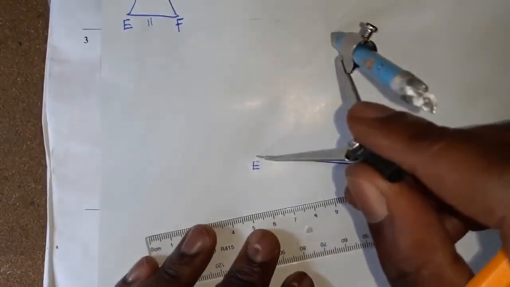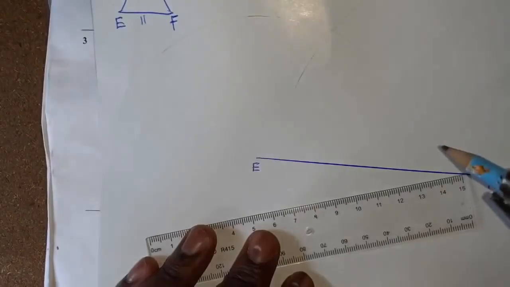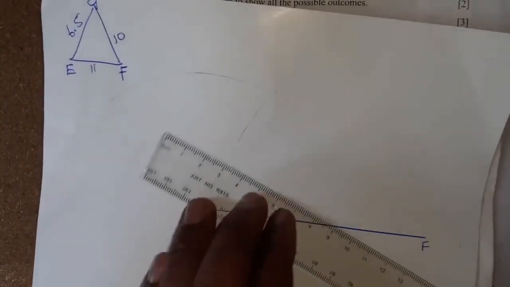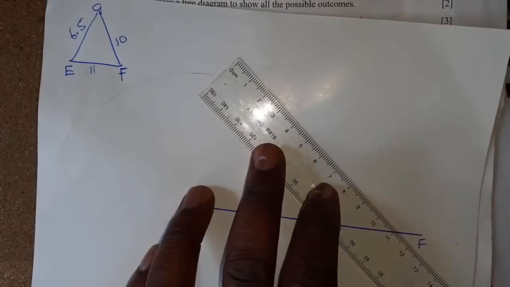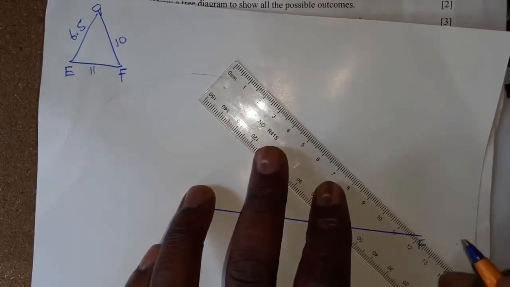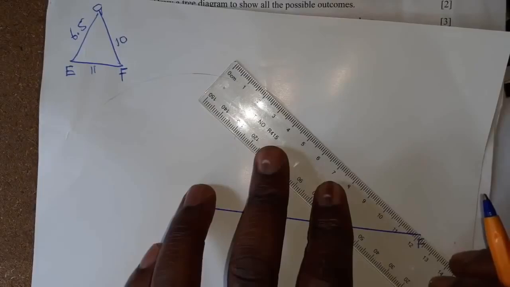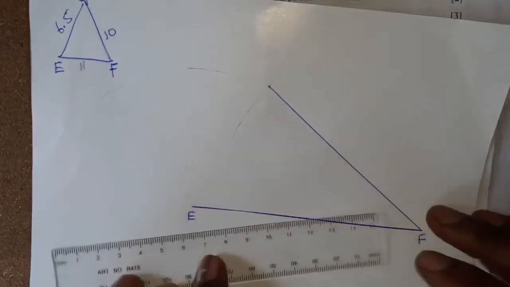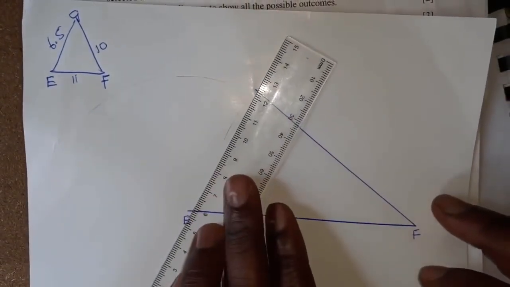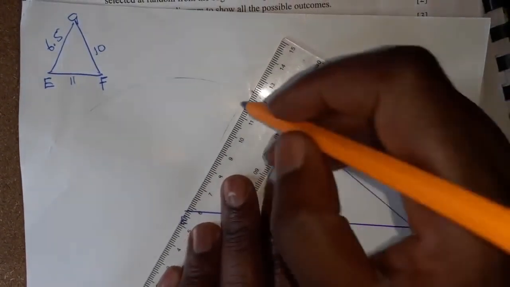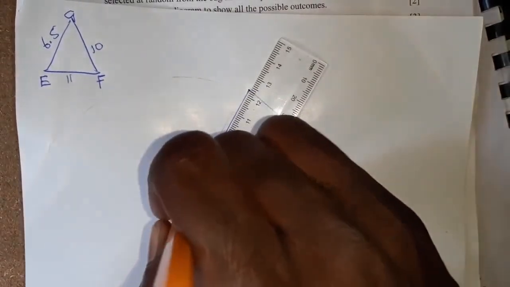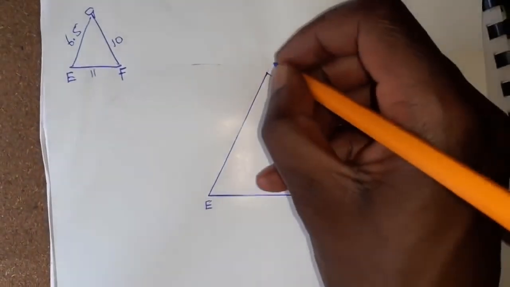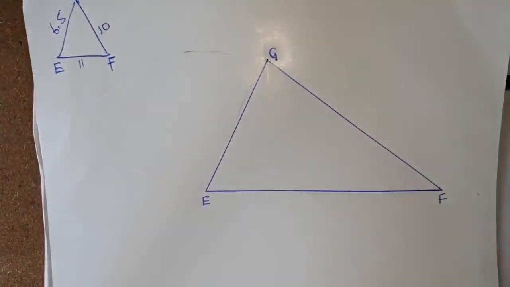So have you seen where these two arcs are meeting? It's this point here. So at this point, now we need to join from this point. Okay, so this is what we're going to have, and then this is our G here.